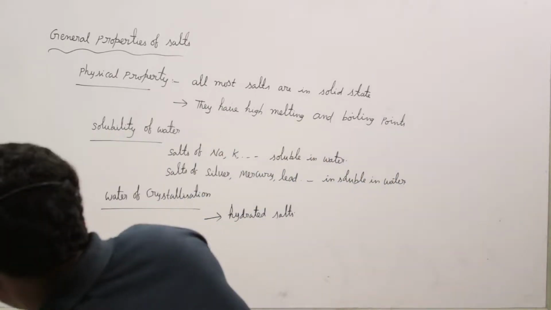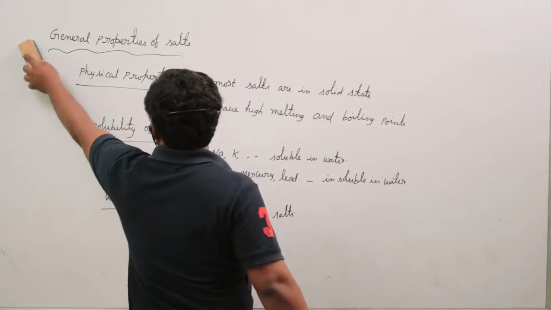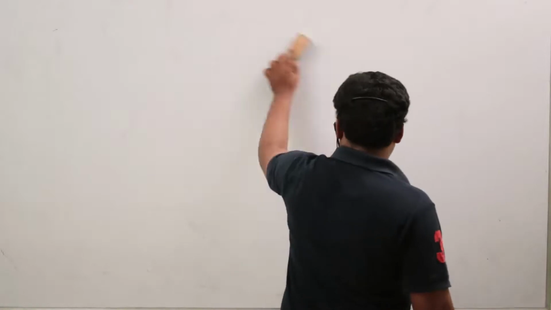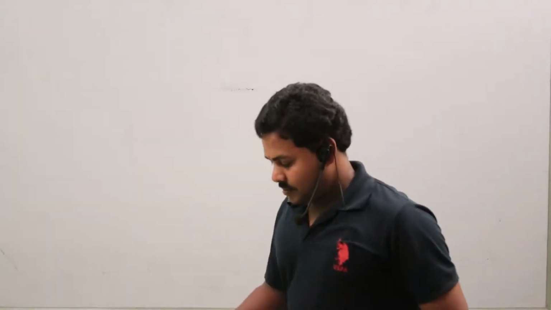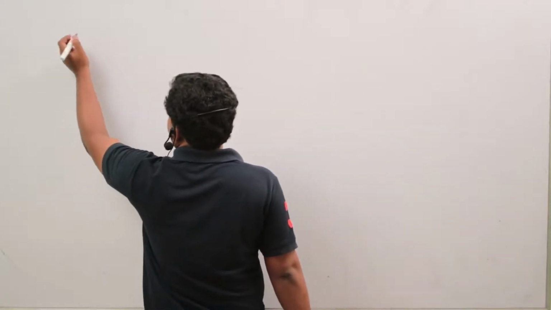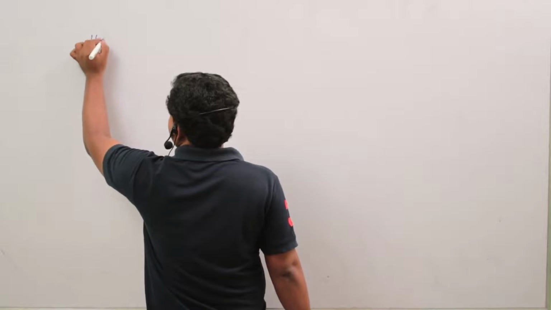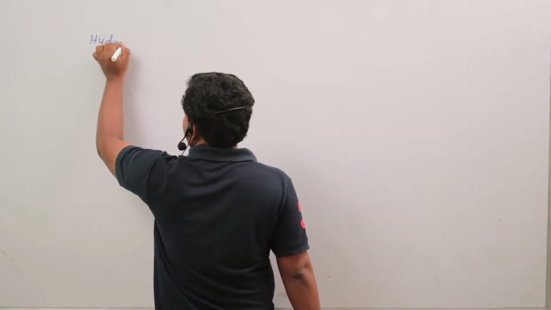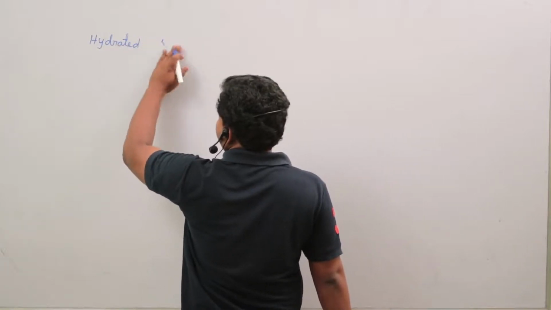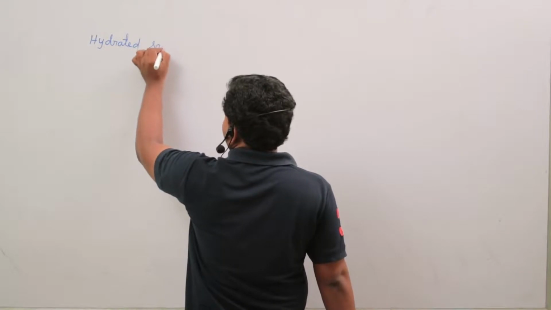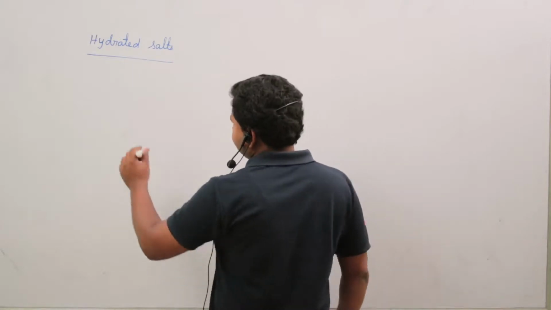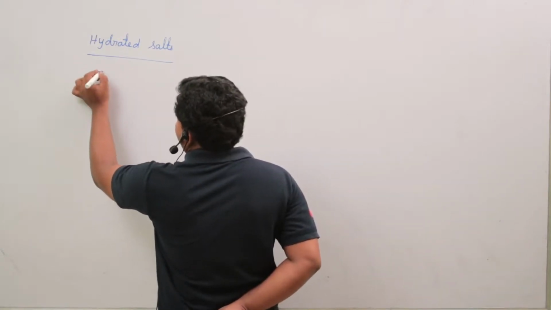For example, now we can take different types of hydrated salts. Copper sulfate.